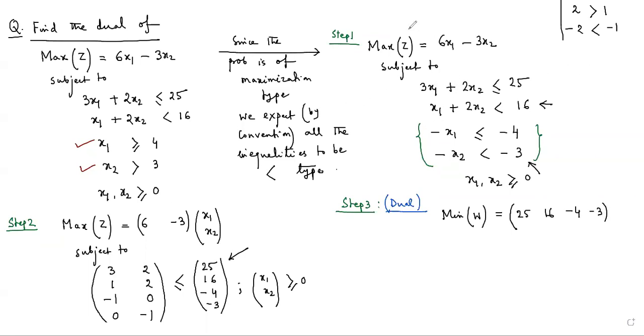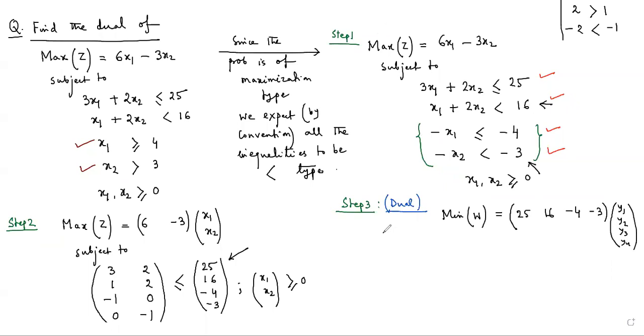In this particular problem, there are 4 constraints, 1, 2, 3, 4. And therefore the number of variables present here will be 4: Y1, Y2, Y3, Y4. Because there are 4 constraints.